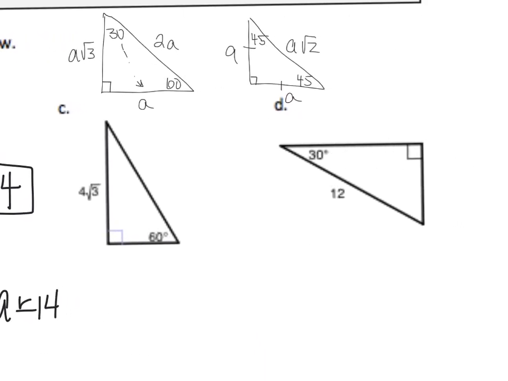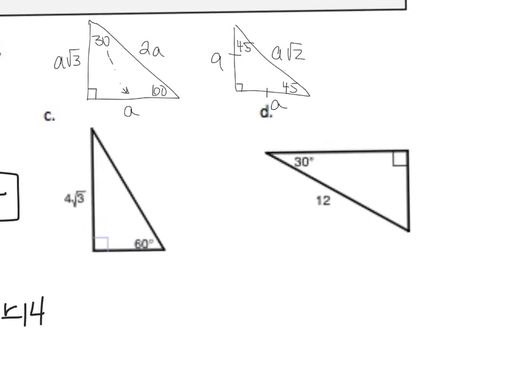Okay, now let's take a look at 30-60-90 triangles. So in my 30-60-90 triangle, and I know this because I see a 60-degree angle, and that last one has to be 30 in order for the triangle to add up to 180 degrees. The side that's given to me is the side that's across from the 60-degree angle, or the one that's adjacent to the 30-degree angle, however you look at it.